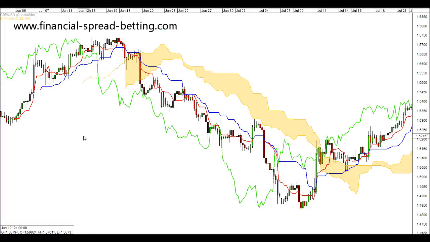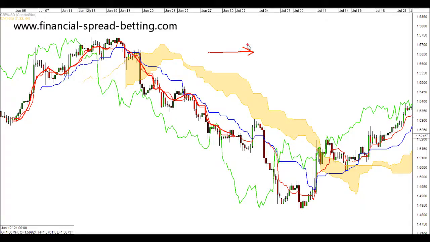The way we would use the turning line is as an indicator for trend direction or price direction. You'll see that this line is steadily moving on the downside and price is also. Whereas here, the turning line is steadily moving on the upside and price is also.